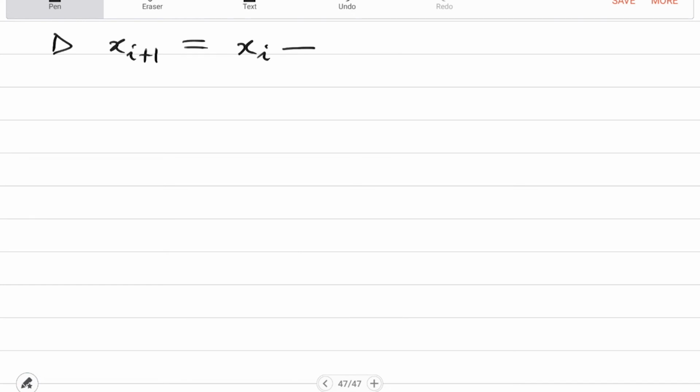So f of xi is xi inverse minus b, and f prime xi is minus xi minus 2.